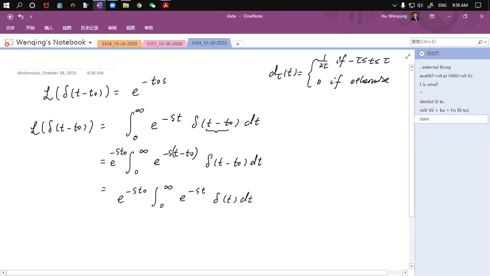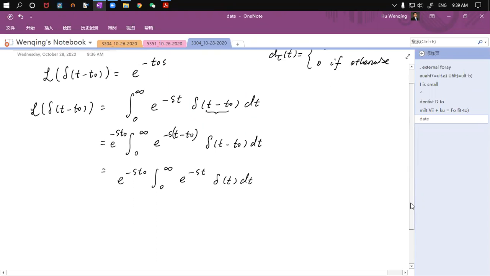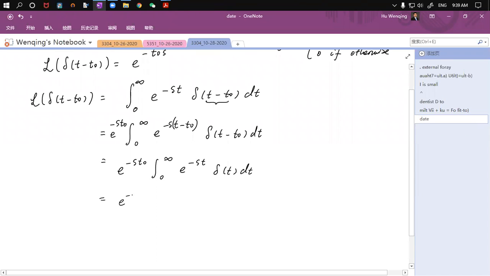But what is this limit? This is the limit as tau goes to 0 of the integral from 0 to infinity of e power minus st multiplied by d tau of t dt.